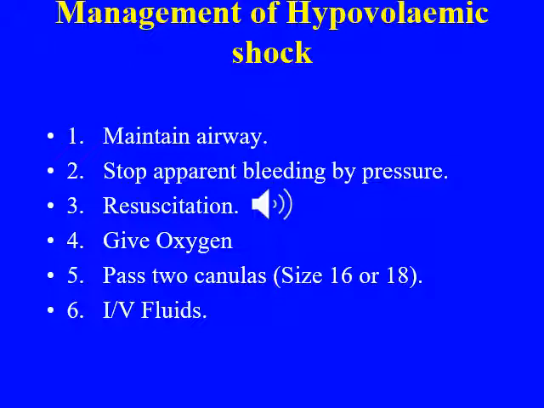We have to give large amounts of IV fluids and insert big peripheral IV cannulas to give large amounts of IV fluids in order to maintain the effective intravascular volume. We can give crystalloid fluids till the blood and blood products are available to maintain the mean arterial blood pressure.